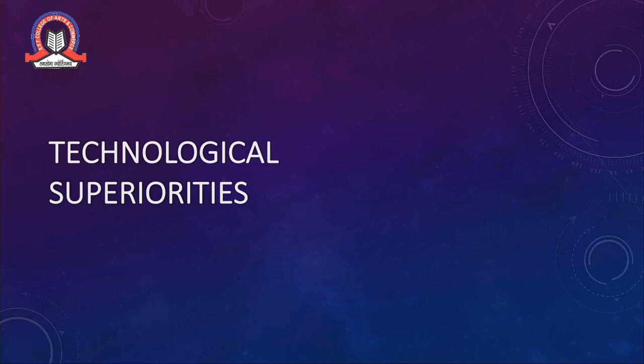Last but not the least, technological superiorities. Multinationals have strong research and development departments. As I earlier told, the research and development department is a must, and we can say it's like the backbone of the company, because if you want to introduce any product in the market, first you need to do a lot of research and development before the product arrives in the market.